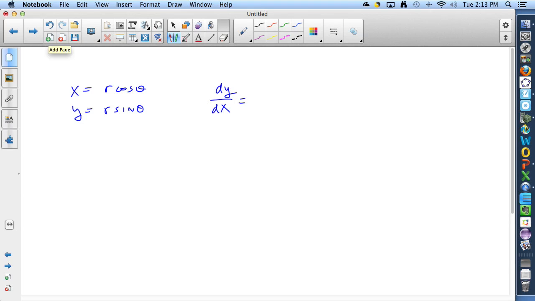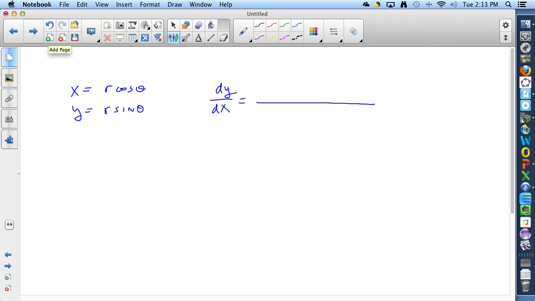If I want to calculate the derivative dy, that's the derivative of r sine theta. But remember, r is a function, theta is a variable. So we have to chain on, like with implicit differentiation.